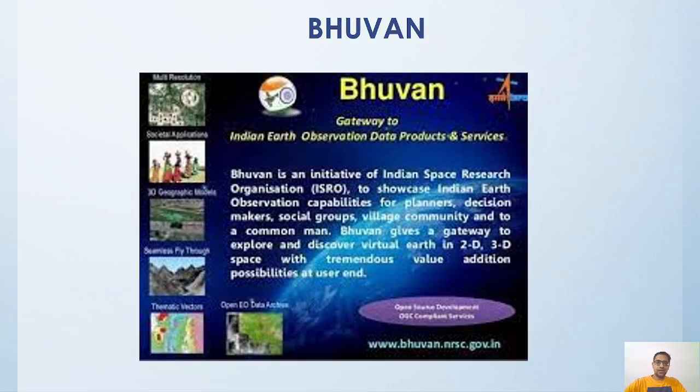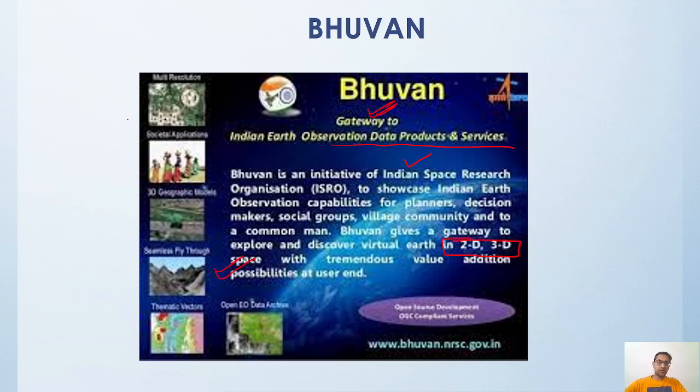So here you can see this is the Bhuvan portal, gateway to Indian Earth observation data product services. It is an initiative of ISRO. They will be showing Earth observation capabilities, and exploring the virtual 2D Earth and 3D Earth from space itself.